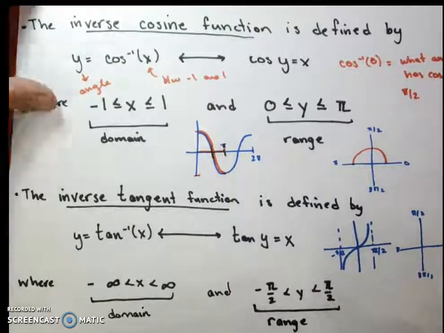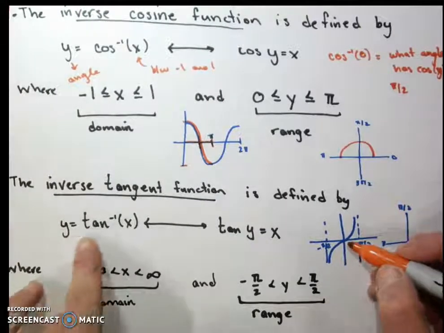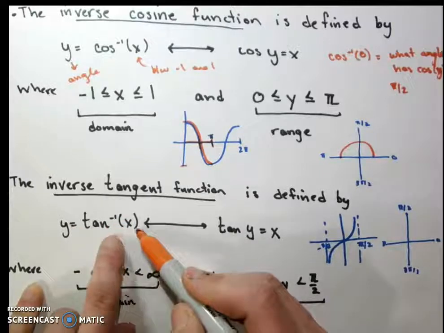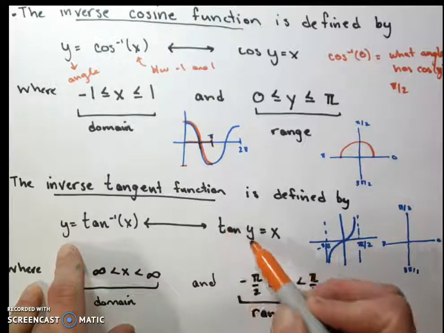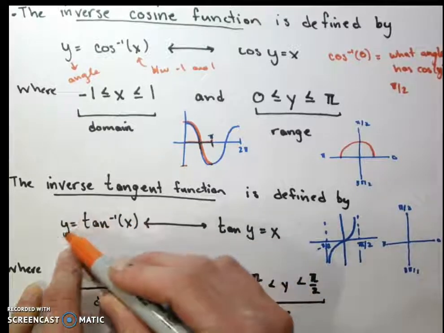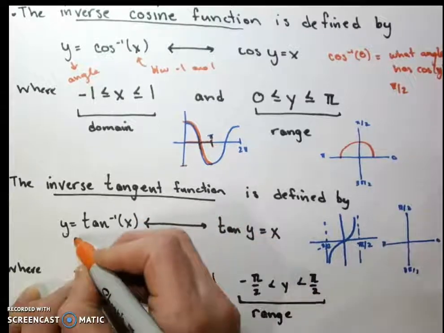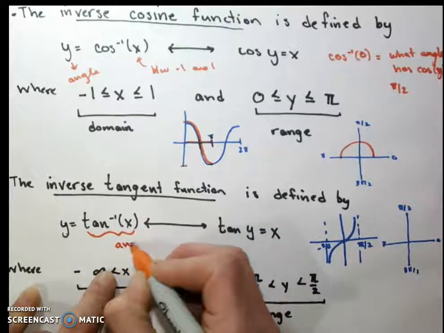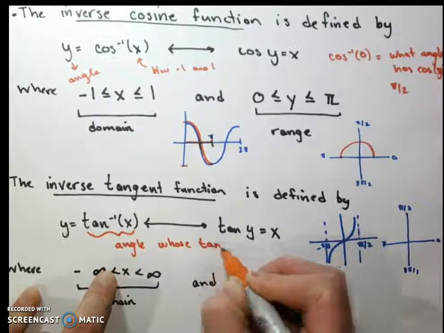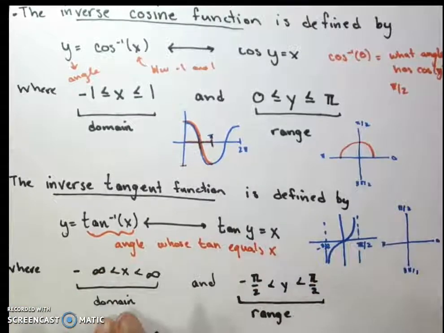The inverse tan function we define similarly. Tan inverse of x equals y if tan of y equals x. So tan inverse of x is the angle whose tan is equal to x. And we have similar restrictions.